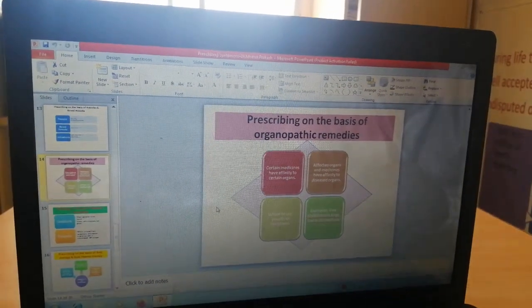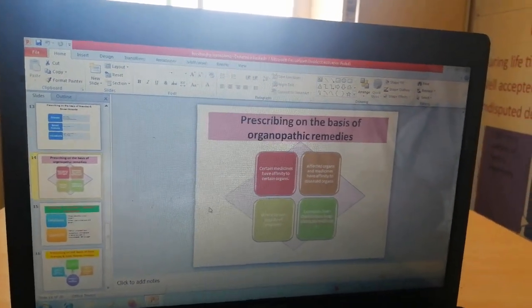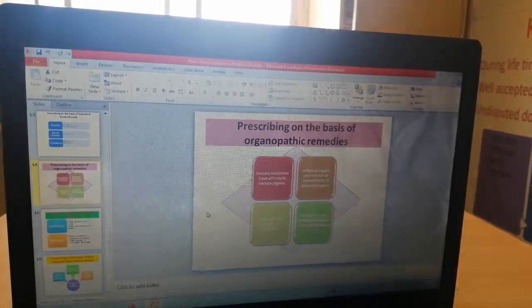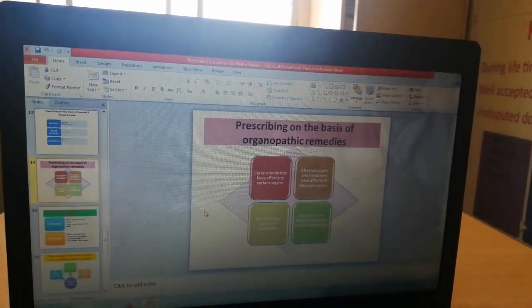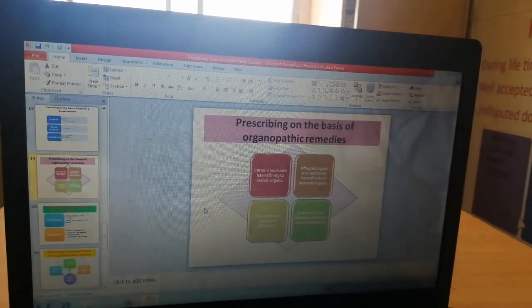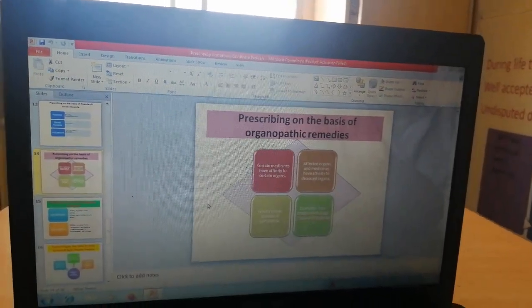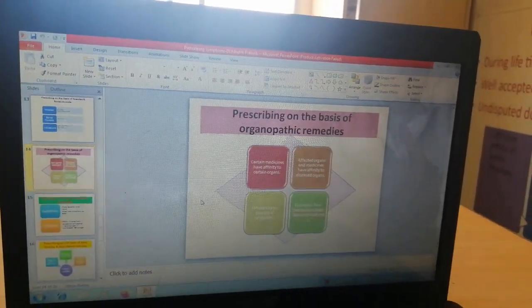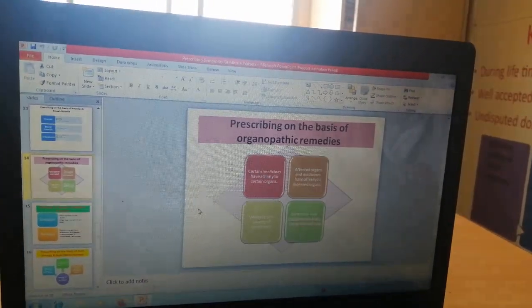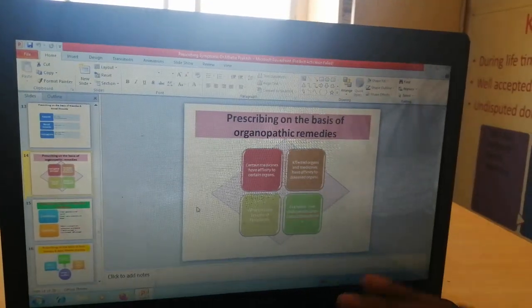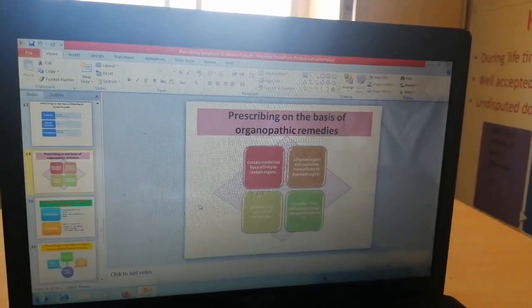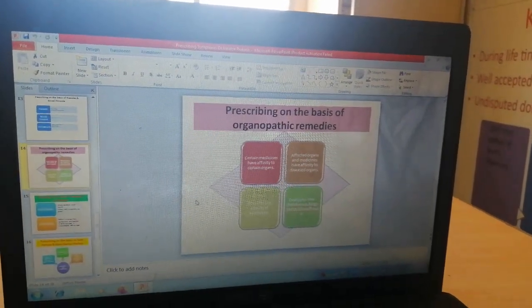Next type of prescription is on the basis of homeopathic remedies. As we know, certain medicines have affinity to certain organs of the body. For example, some medicines have affinity towards the brain, some towards the heart, some towards the lung, and some for the liver and gallbladder.